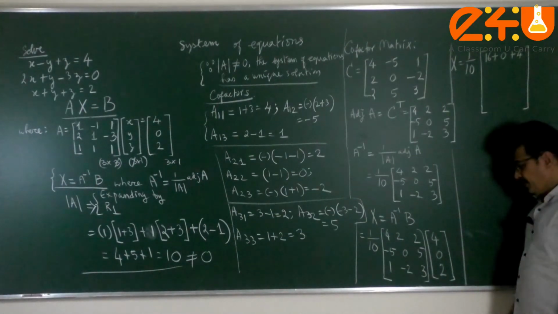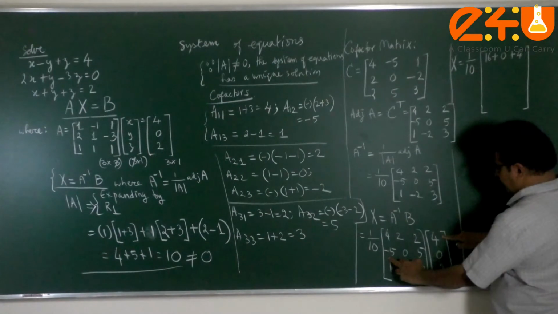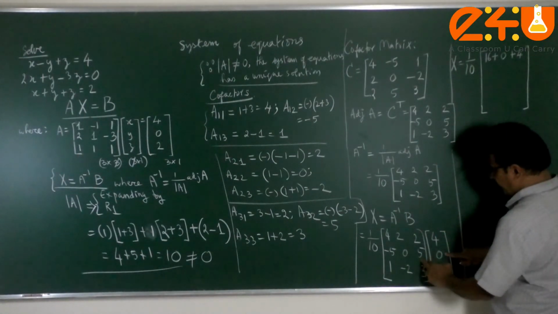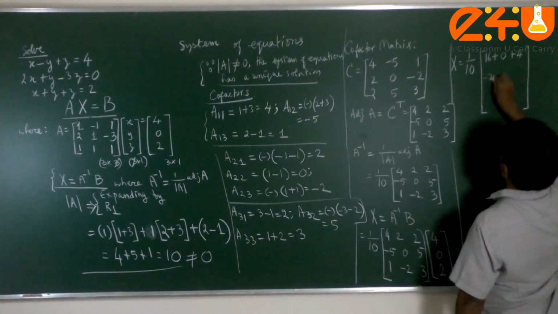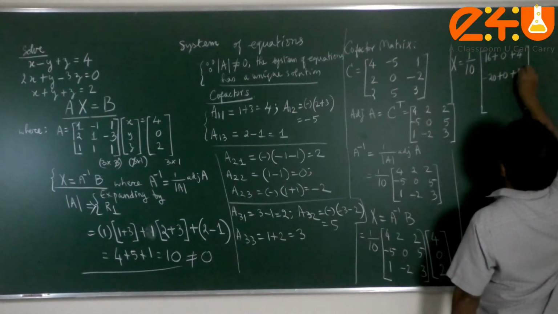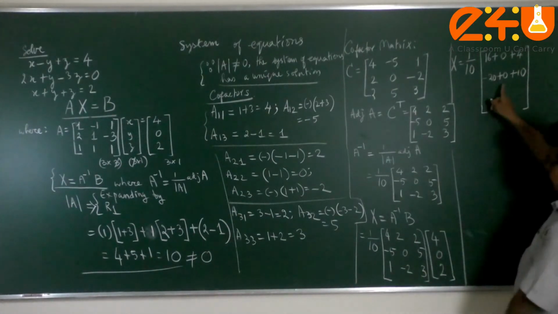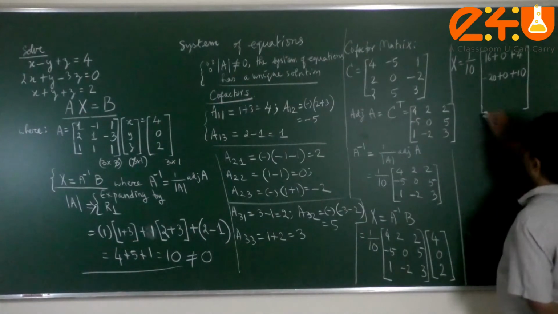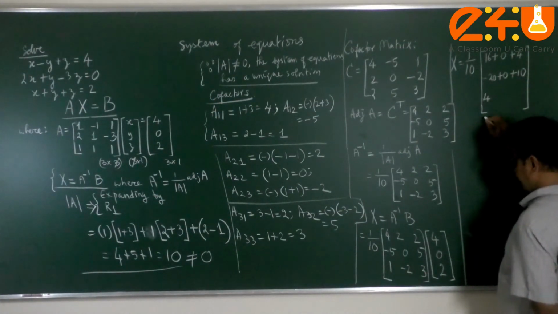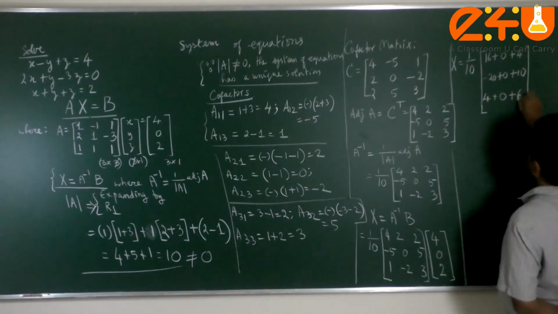Next, row 2 times column 1. Negative 20, then a 0, then 5 times 2, 10. And row 3 with column 1, that gives a positive 4 and then a 0 and then 3 times 2, which is again a 6.